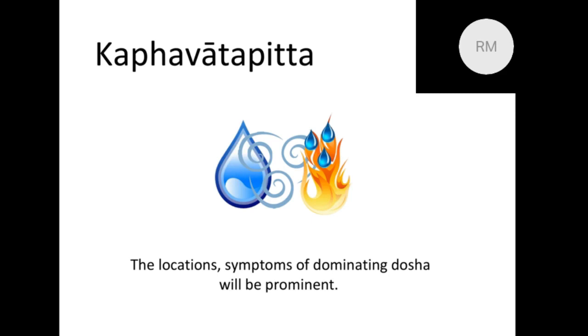You can see that there is a running nose and a lot of secretions, and if you remember our discussion on the doshic combinations, you can understand that this running nose and secretions are seen in a Vātakapha condition. So it is very clear that swine flu is Vātakapha. But now the simple question is, is it only Vātakapha or is it Tridosha Vātakapha?